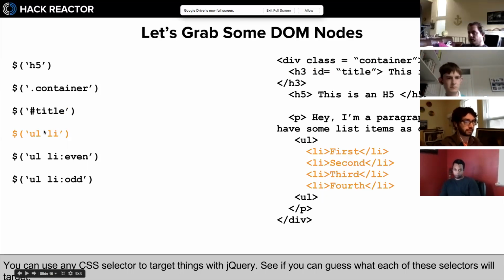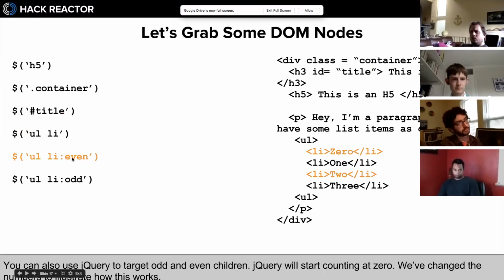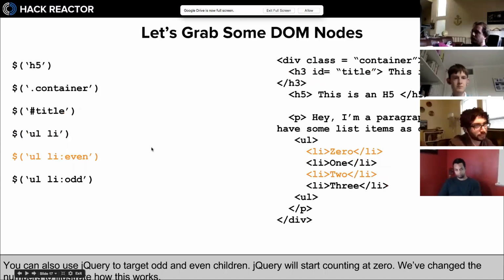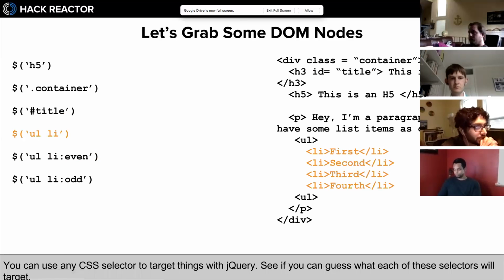For instance, if we ran jQuery ul li, we're going to target all li elements that are children of a ul element. And we can also target even and odd elements in the way that we would with CSS.